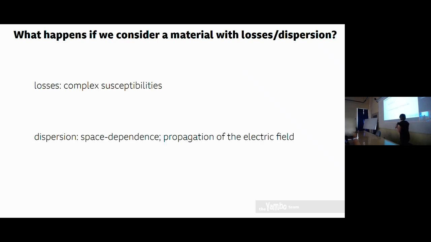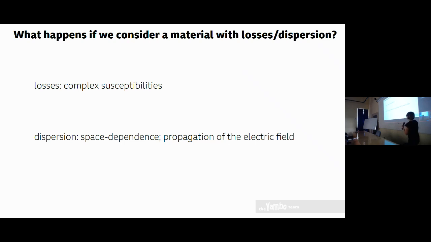Then also we have considered that the material was lossless and had no dispersion. If we introduce losses, these susceptibilities are tensors depending on the different times, and they are also complex, so they have a real and an imaginary part.